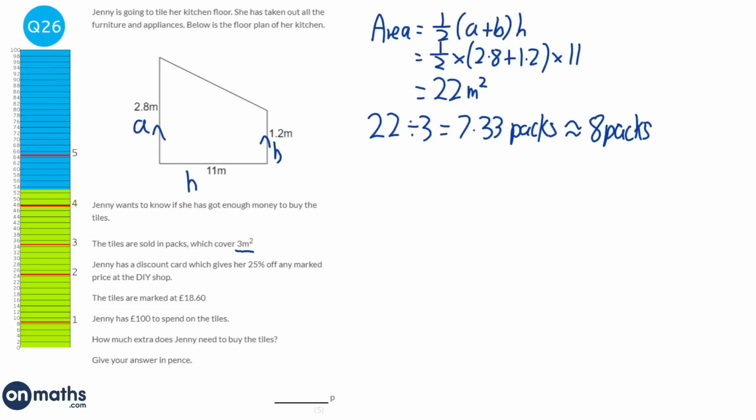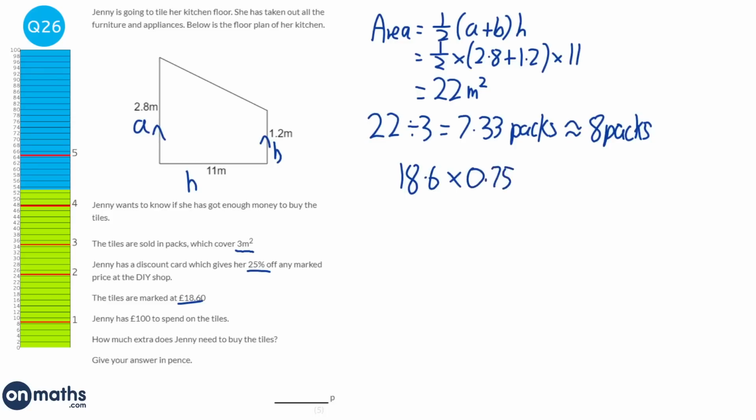Okay, next thing we look at is the fact that Jenny has a 25% discount. So we need to find out what a 25% discount would do to the £18.60 for the pack of tiles. And so what we're going to do is get the £18.60 and times it by 0.75.